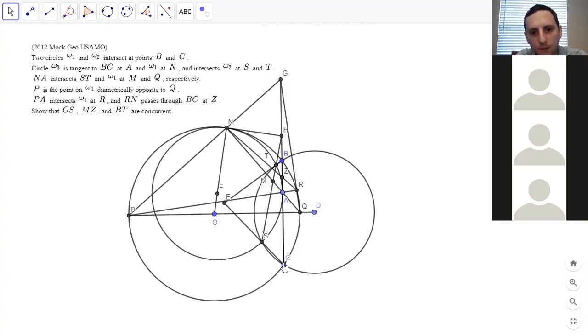Yeah, and if we use A, we project from A to the circle O. So R will become P, N will become Q, B will become C, and C will become B. Yeah, and P, B, Q, C is harmonic, so N, R, B, C are harmonic too. Because PBQC is harmonic, then NBRC is harmonic, which means that the tangents at N and R concur on BC at a point H, and then you can use the radical axis theorem.